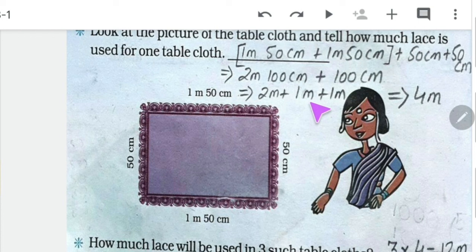That means we can write 1 meter in place of these 200 centimeters. So 2 meter plus 1 meter plus 1 meter, that is total 4 meter. So that means 4 meter of lace will be used for one tablecloth.